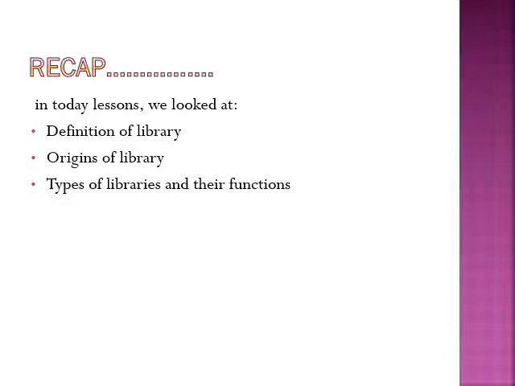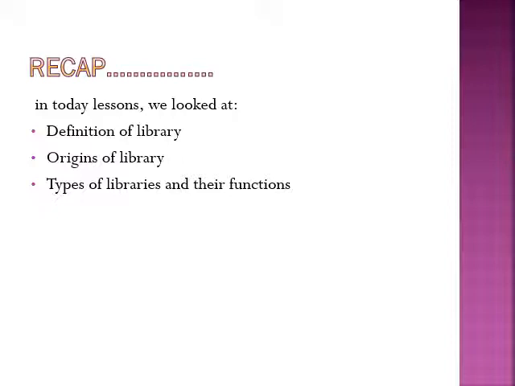We also talked about the origins of library, where we said as far back as 2,600 years BC, before Christ, there existed some form of record, some form of writing on clay tablets and hieroglyphics. We also talked about types of library and their functions, where we said we have basically 5 types of library.